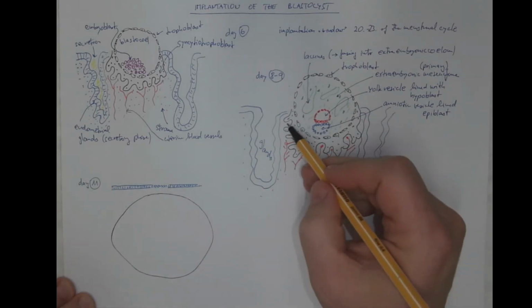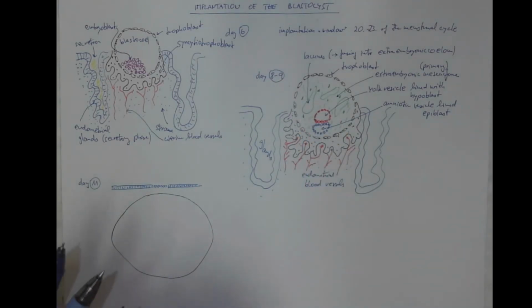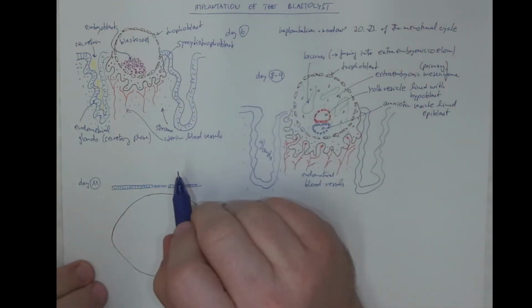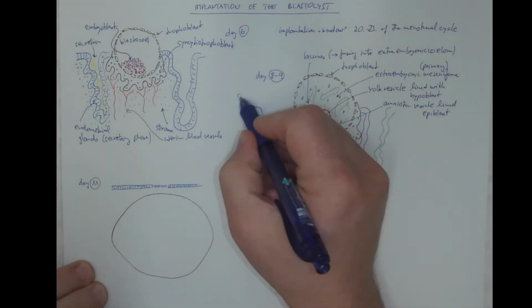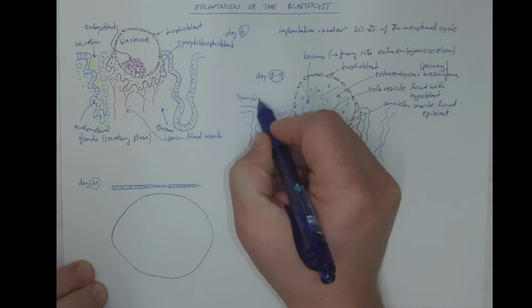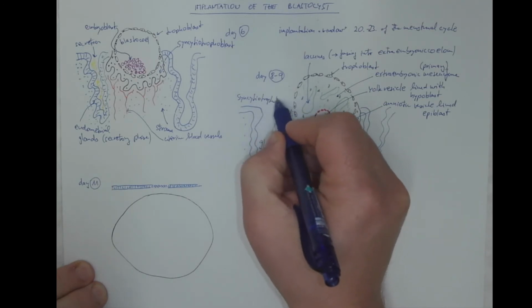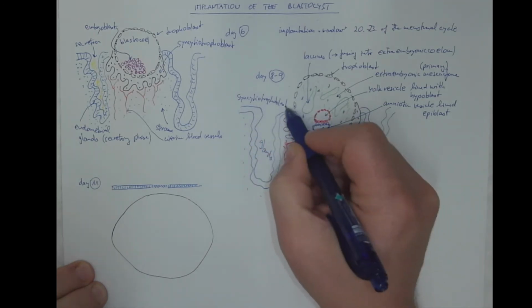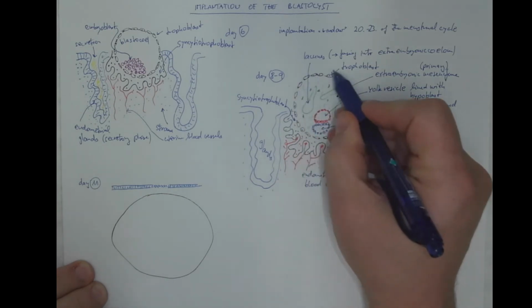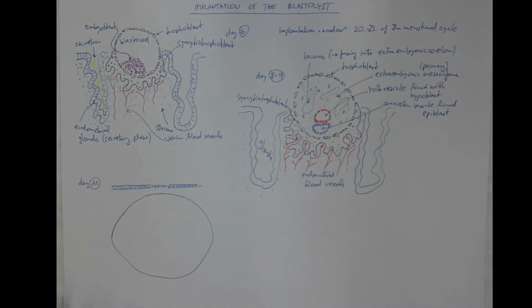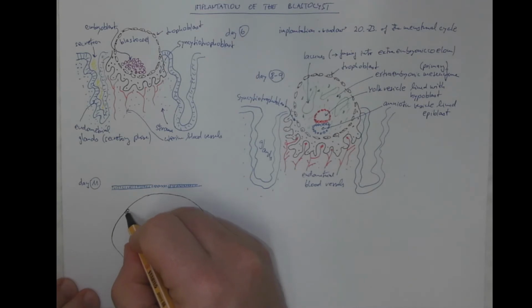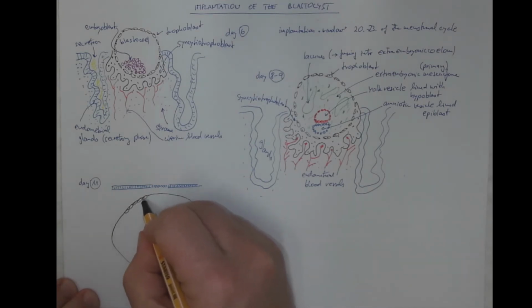Now the Syncytiotrophoblast, which was here, is overgrowing the trophoblast. Therefore, we need to distinguish 2 layers of the trophoblast now.